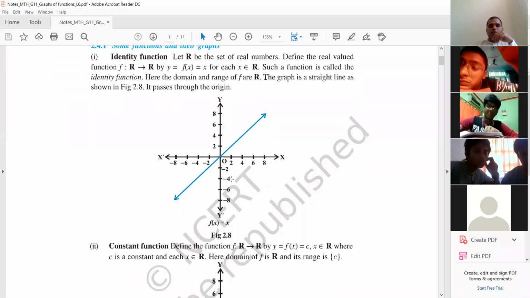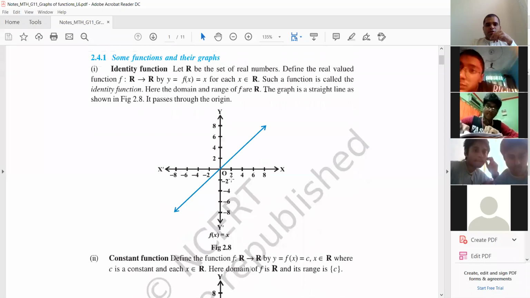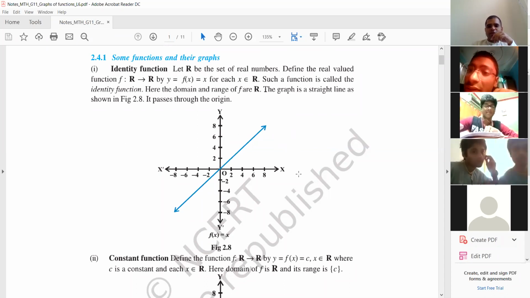Now, second, can you tell by seeing the graph what is the domain of this function? The values of x are called the domain, correct?